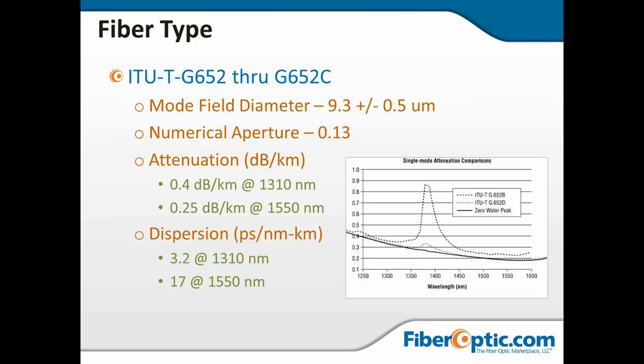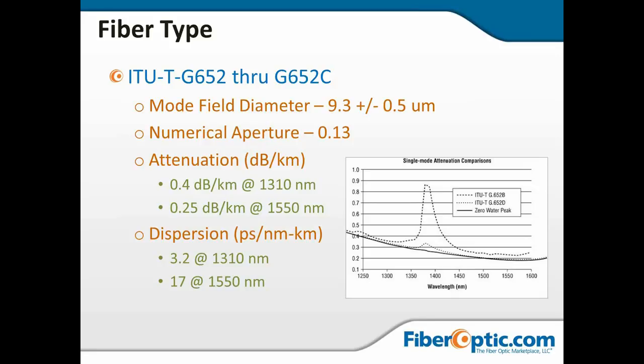The problem is it had 17 picoseconds per nanometer-kilometer at 1550. And while the loss is dramatically less at 1550, we had an incredible amount of chromatic dispersion at 1550, making it unusable for long runs.